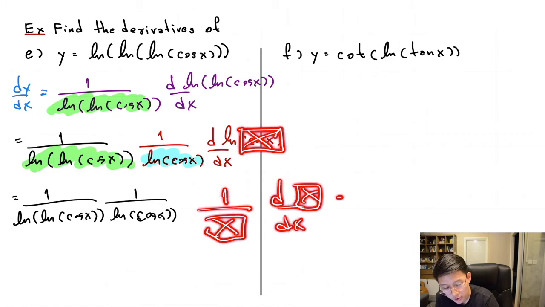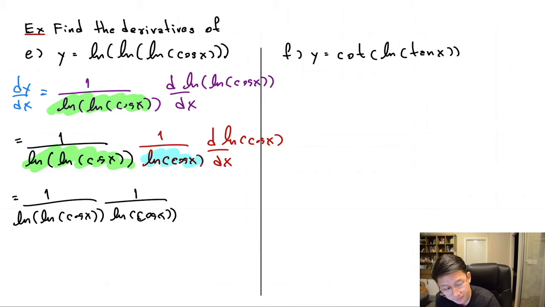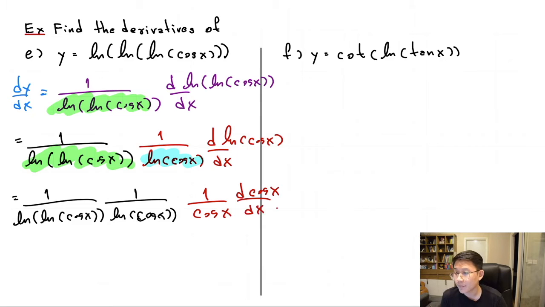Okay, so what you have is 1 over cos x and d cos x by dx. And again guys, these are done. Don't touch them. Actually, if you want, you can just do it within 1 line, but I won't recommend it. You can get things wrong pretty easily.